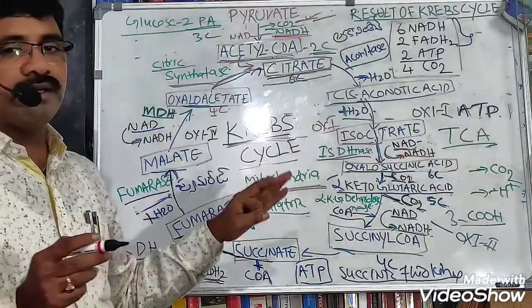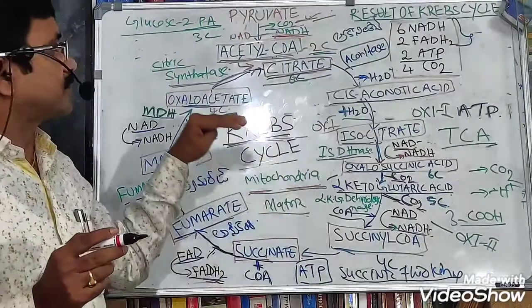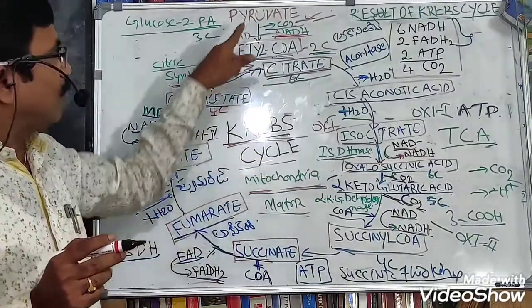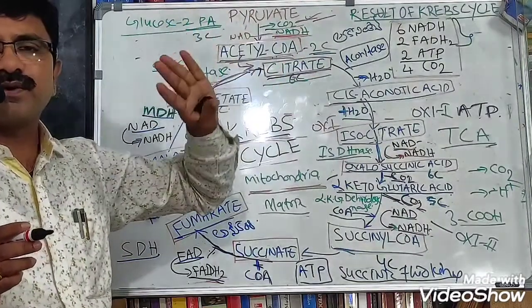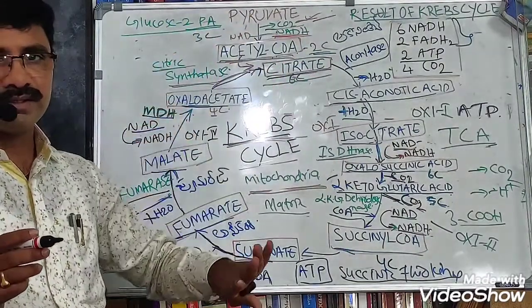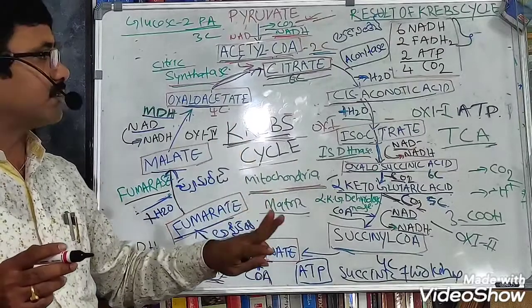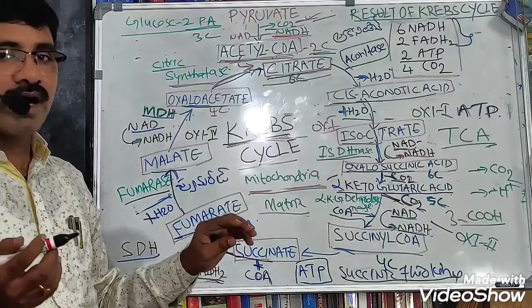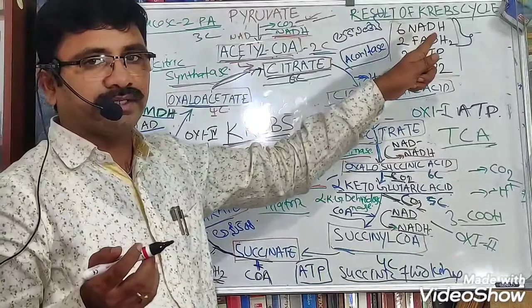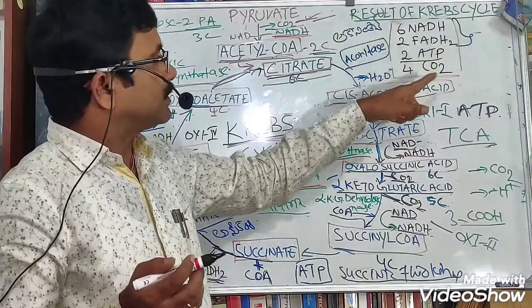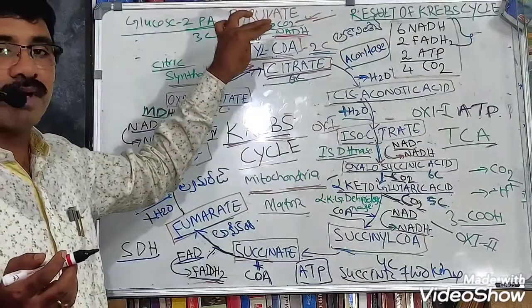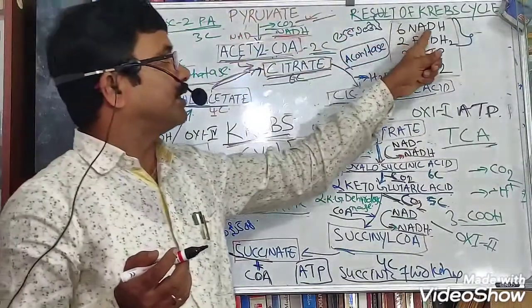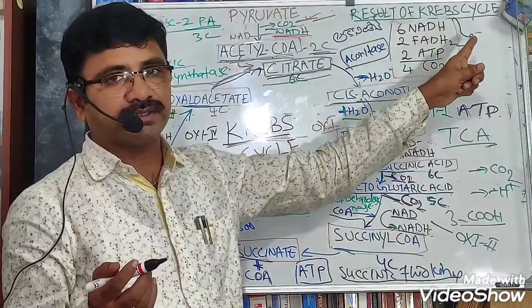Okay, the final result of the Krebs cycle is that 1 pyruvic acid undergoes 4 oxidative reactions. In 3 oxidative reactions, the hydrogen acceptor is NAD. So as a result, for oxidation of 2 molecules of pyruvic acid, 6 NADH are generated.